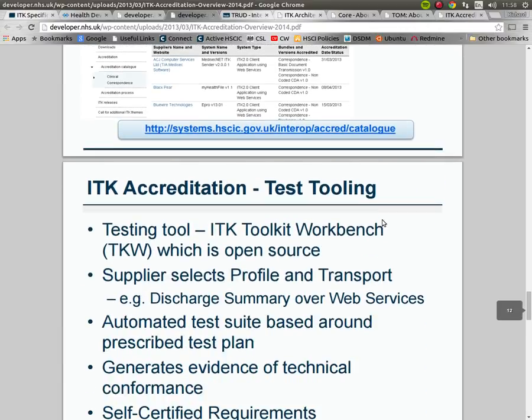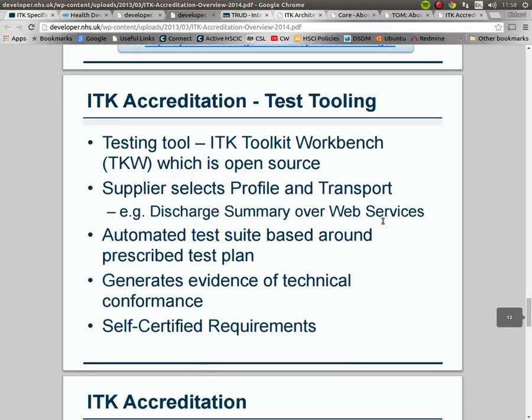We produce all the test tooling, so it's relatively easy through the use of an automated suite to run a regression pack. It literally takes a number of minutes to execute, and then the tooling automatically keeps all the tests self-contained within a single folder, which can be zipped up and submitted to the accreditation team through a SharePoint site, which we create for each supplier once we're informed that they wish to go through accreditation.